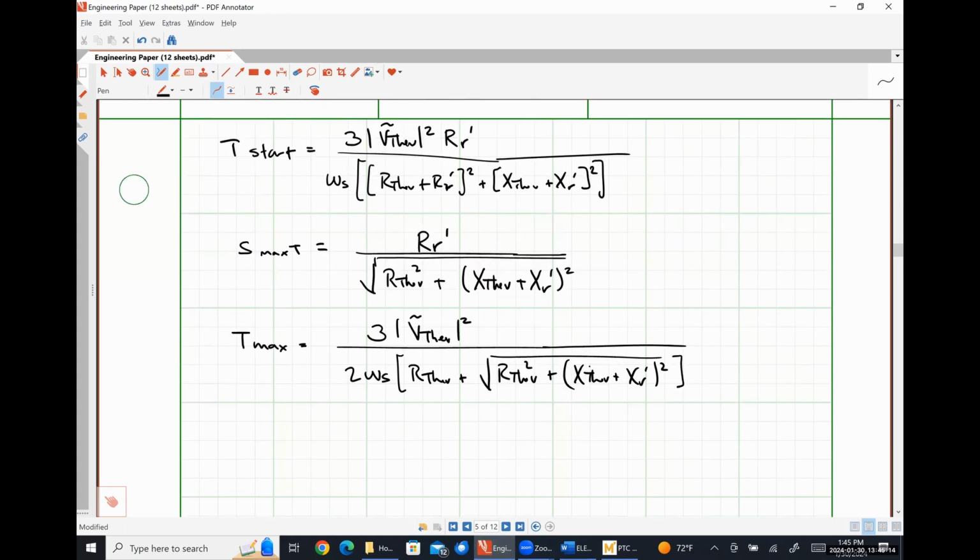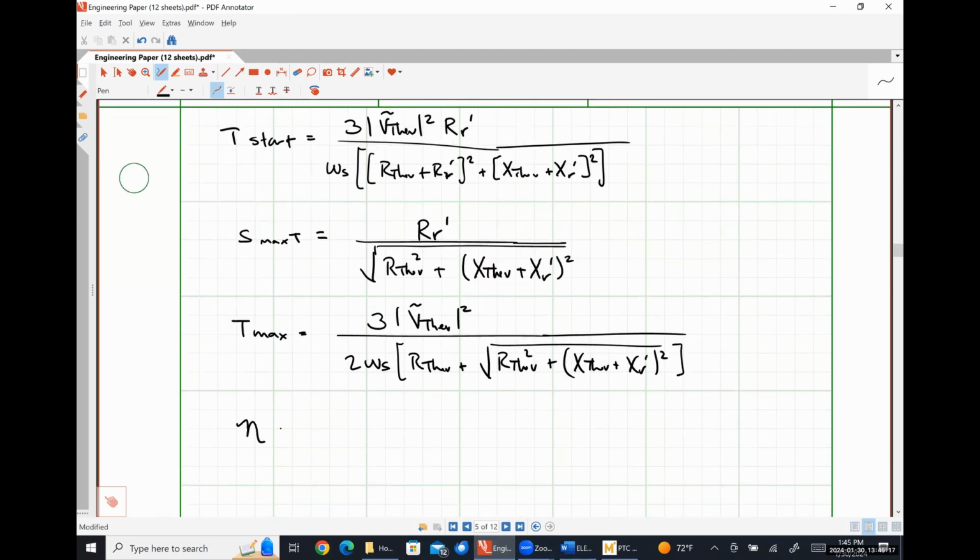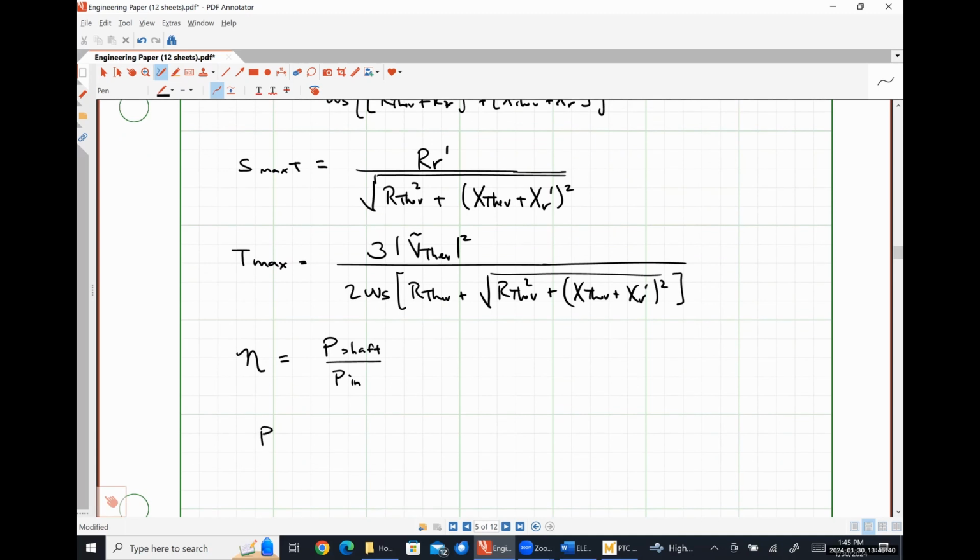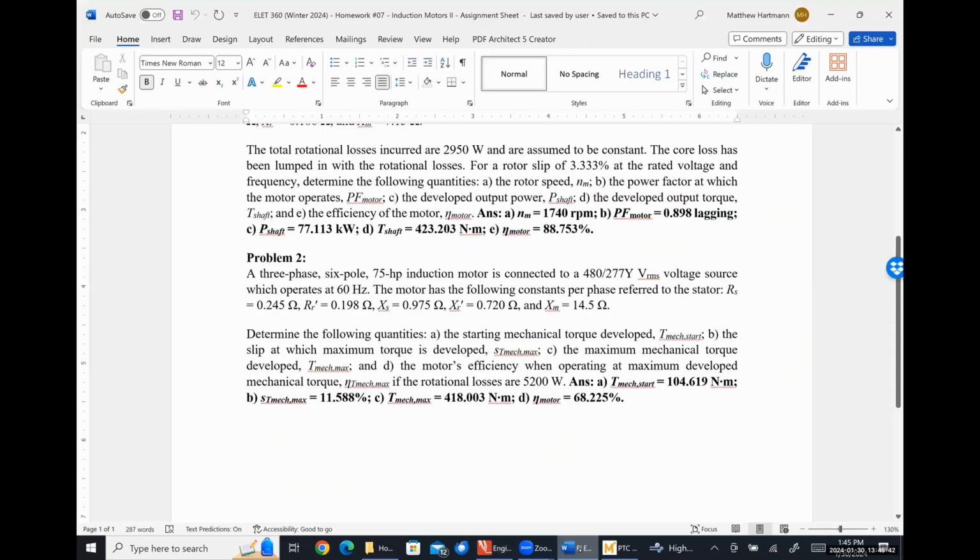So we're trying to find efficiency, which is usually defined to be power, the output, over the power of the input, right? And we also have something given here that I think our rotational losses were 5,200 watts.